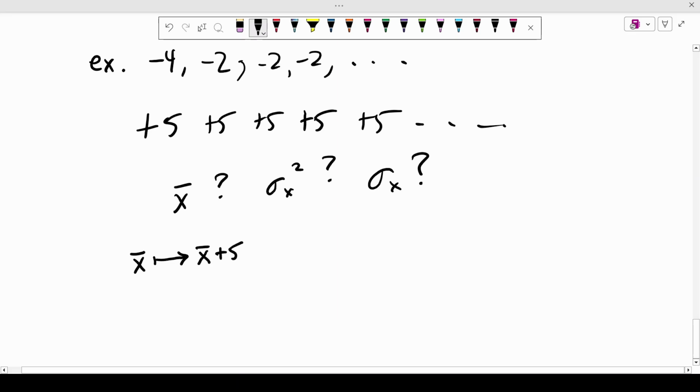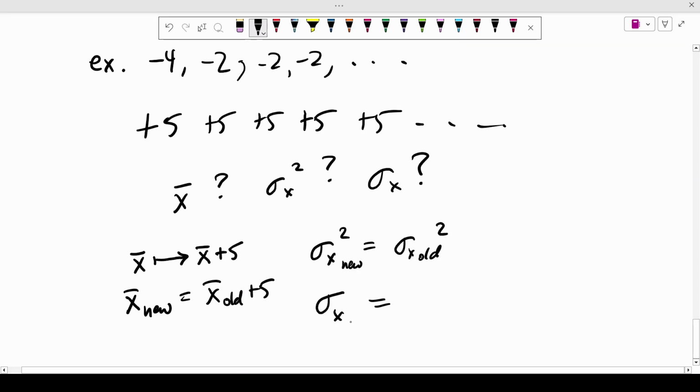Or if you want, you can just say the new mean is the old mean plus 5. The new variance is the old variance. And the new standard deviation is the old standard deviation. The standard deviation and the variance don't change, but the mean does.